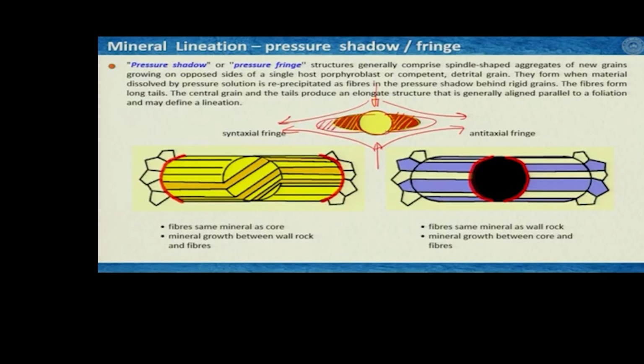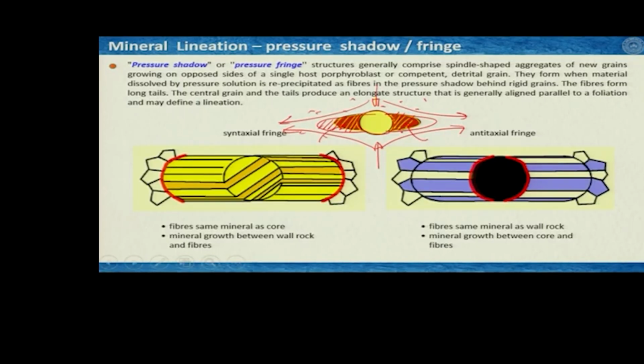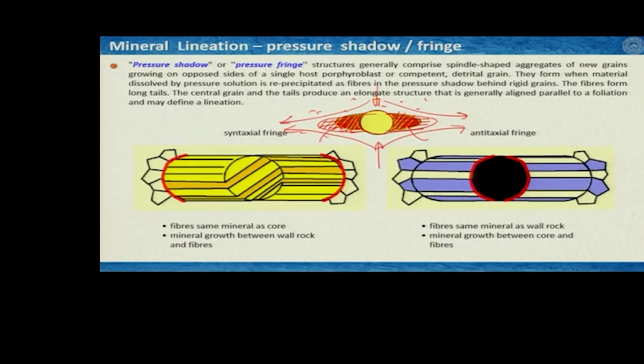Now, these shadow zones are low pressure zones. So, the fluids from all over the places can come and deposit here, and then later these fluids can help to precipitate some crystals, and these crystals can be oriented along this pressure shadow direction.